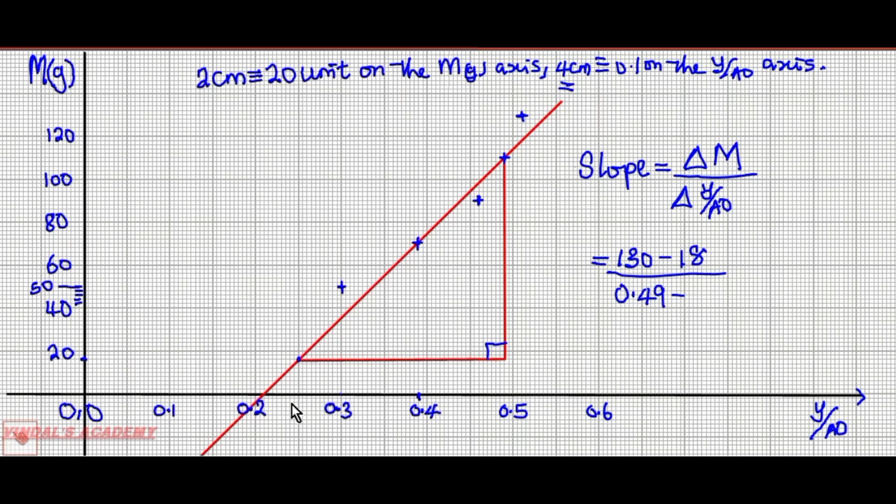You know, you need to make that choice very properly. 0.25, correct? And we are going to do our subtraction. 130 minus 18, 112.